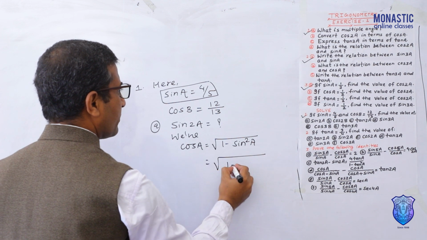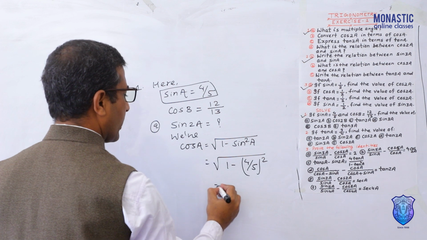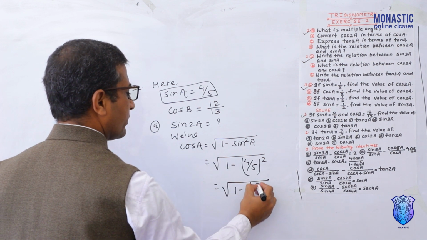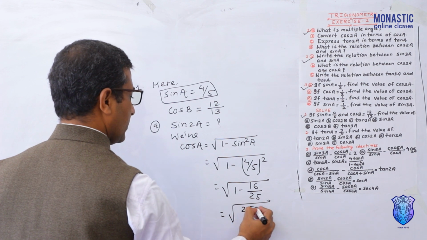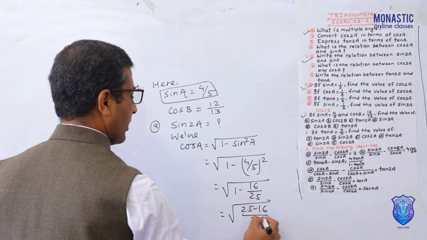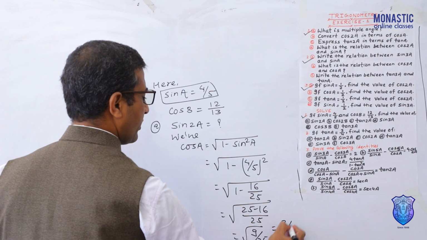Now put the value of sin A, 4 by 5 whole square. Do the simplification. It came 9 by 25, that is 3 by 5.